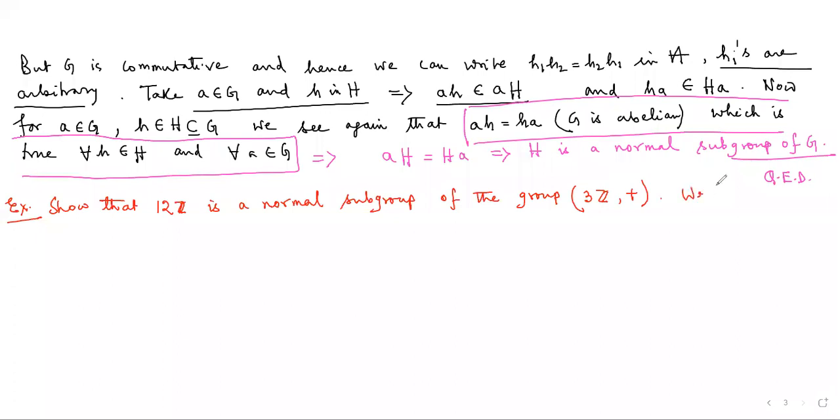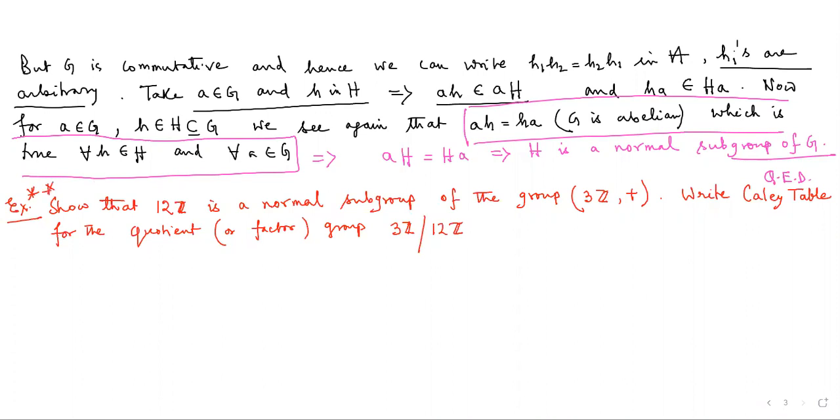Write the Cayley table for the quotient or factor group 3Z slash 12Z. Very important problem.